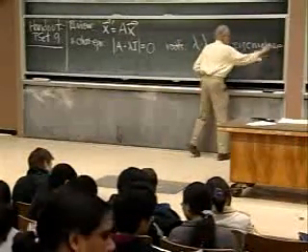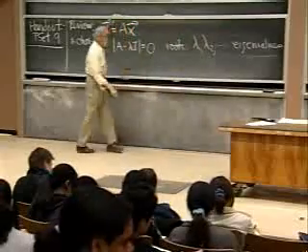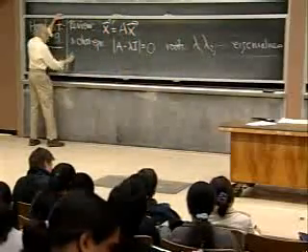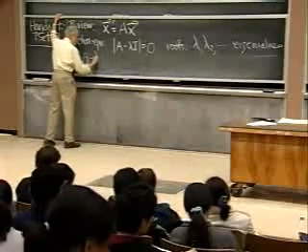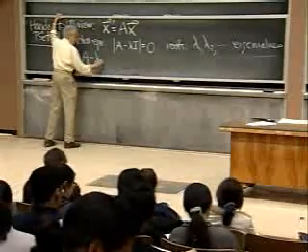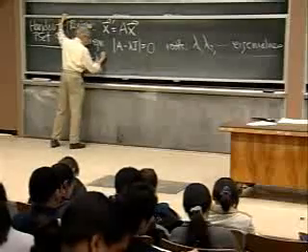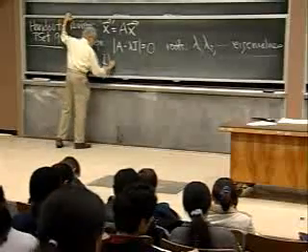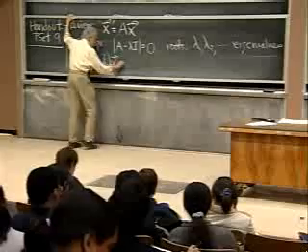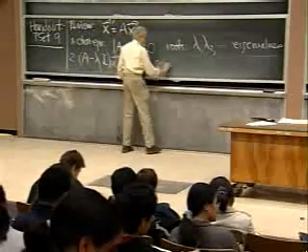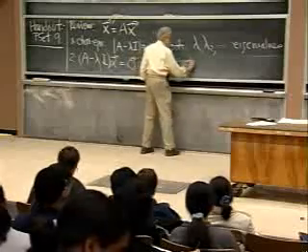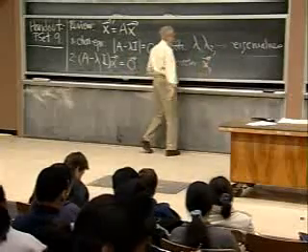Then, for each eigenvalue, you have to calculate its eigenvector, which you do by solving the system A minus lambda 1 I times alpha equals 0, because the solution is the eigenvector alpha 1.